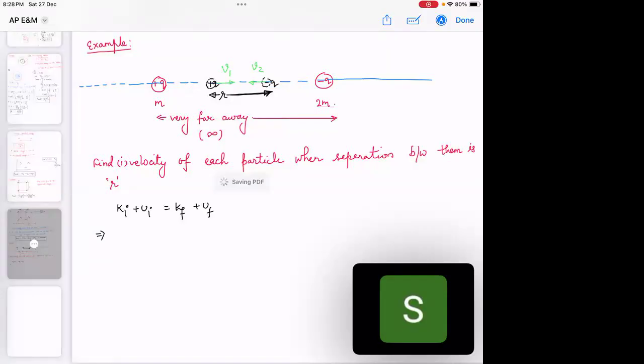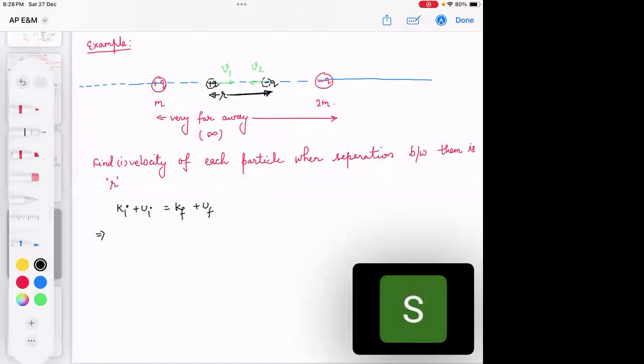Is that zero? Initially, both particles are just released from a very far away distance, so the initial kinetic energy of both particles is going to be zero, right?